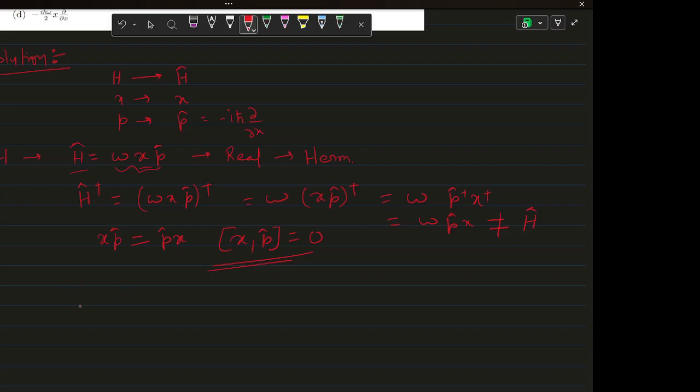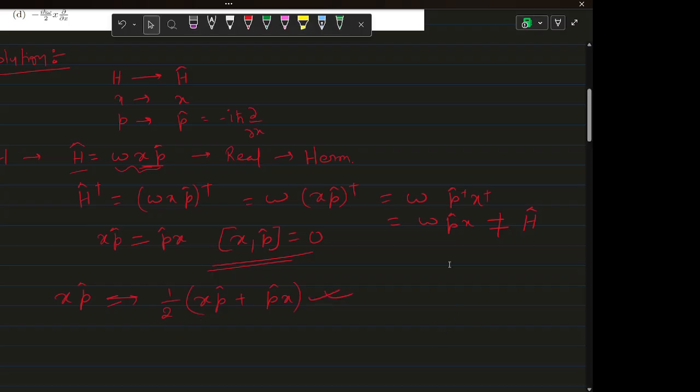We have to symmetrize the x and p cap. So how can we do that? Like x p cap, we can write it as 1/2 (x p cap plus p cap x). We have to write it in this form.